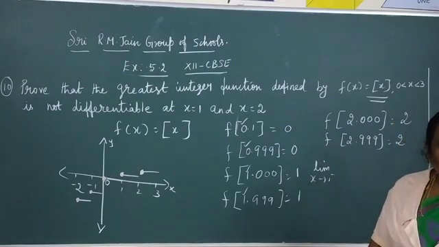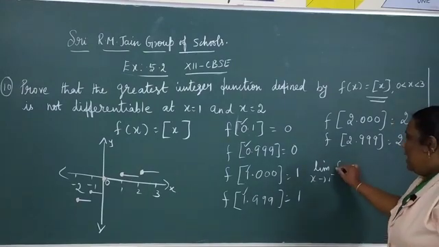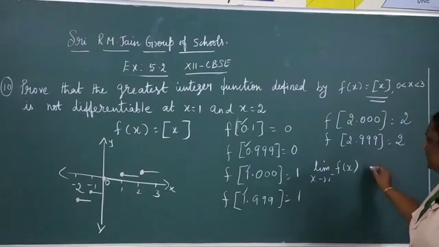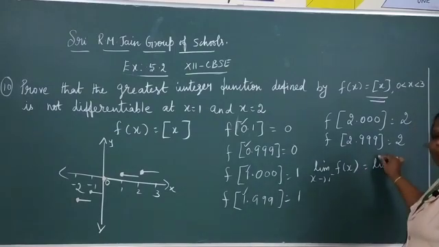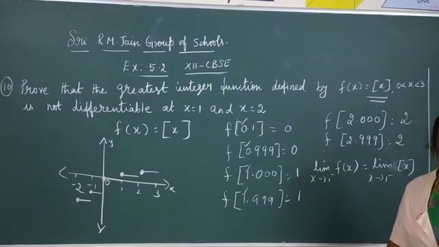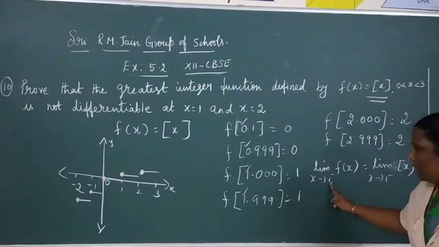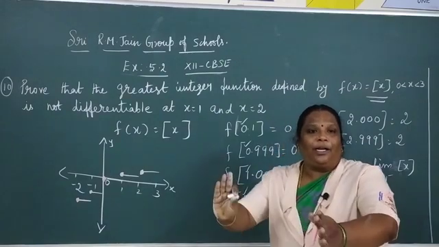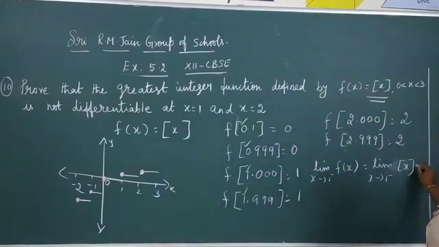Limit x tends to 1 minus f of x, instead of f of x, what is the value here? x minus 1, what is the value here? That is 1. 1 is approaching to the negative value 0.